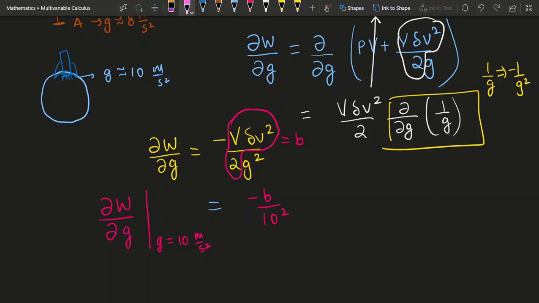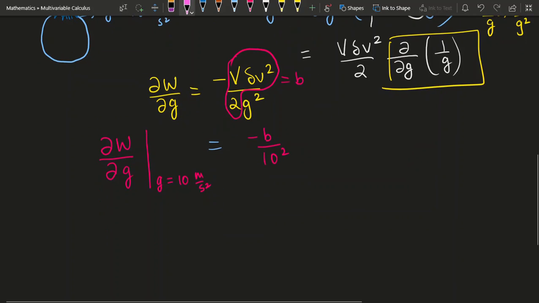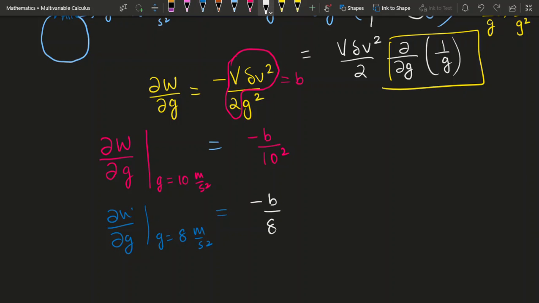Fairly good. Now, if you do the same for the point A that we are considering in outer space, where g is equal to 8 meters per second squared, in that case it would be minus b over 8 squared.